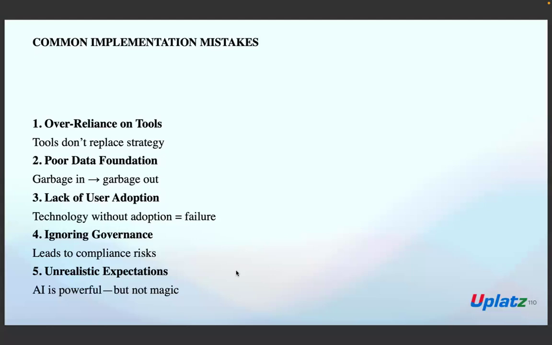We believe that if AI is implemented, everything is possible. But that is an unrealistic expectation. AI is powerful, but it is not magic. Hence, no technology can work without a good strategy and thinking by humans.